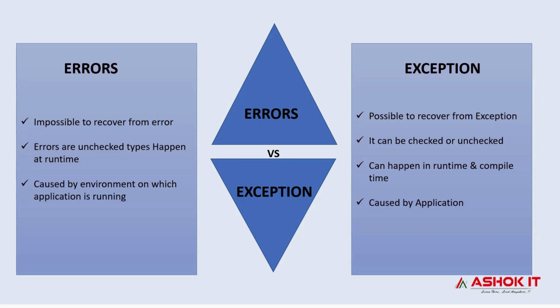Errors happen only at runtime, but exceptions can happen either at compile time or at runtime. Exceptions are caused by the application itself, whereas errors are caused by the environment in which the application is running. So these are the key differences between errors and exceptions.